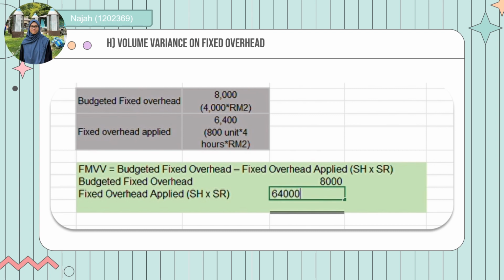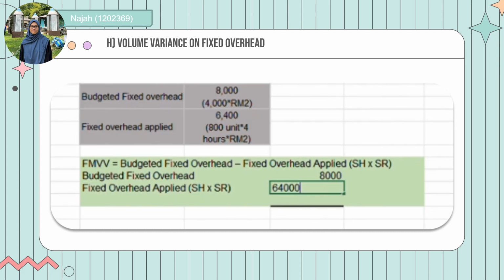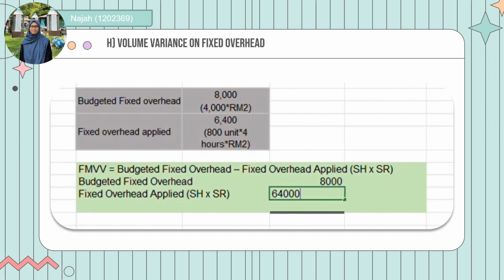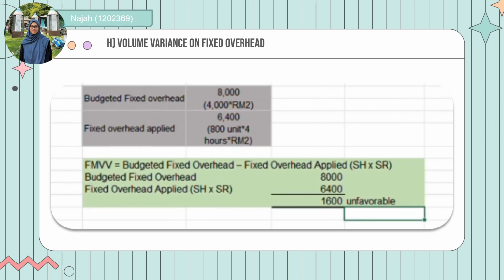And for the fixed overhead applied, we multiply 800 with 4 hours with 2 ringgit, and we get 6,400. After that, we minus both of that. So 8,000 minus 6,400, we get the answer 1,600 unfavorable because the budgeted fixed overhead is bigger than the fixed overhead applied.